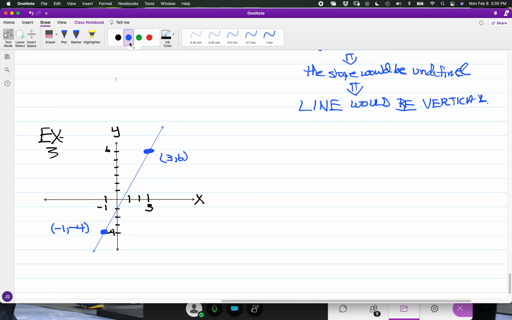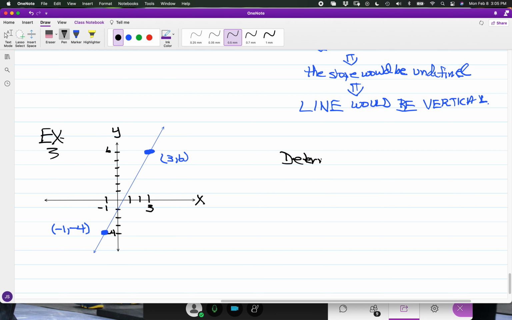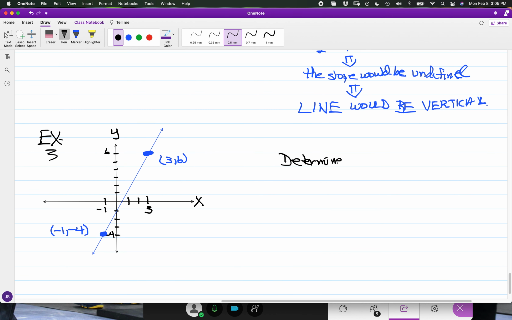Okay, now let's say that you were to determine the slope of a line passing through the points -1, -4, and 3, 6.